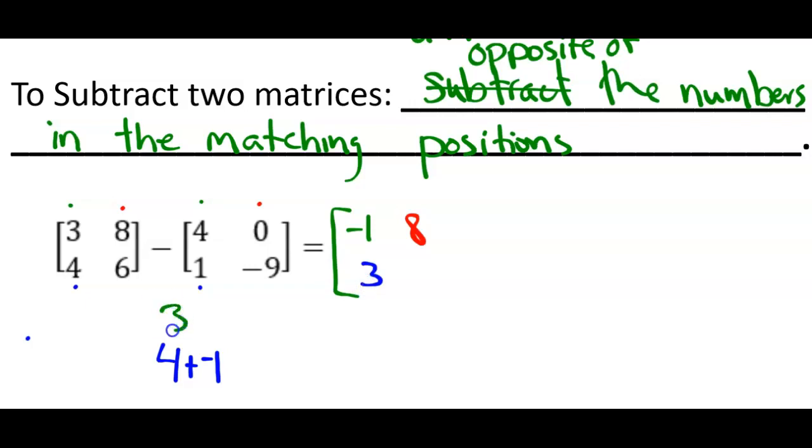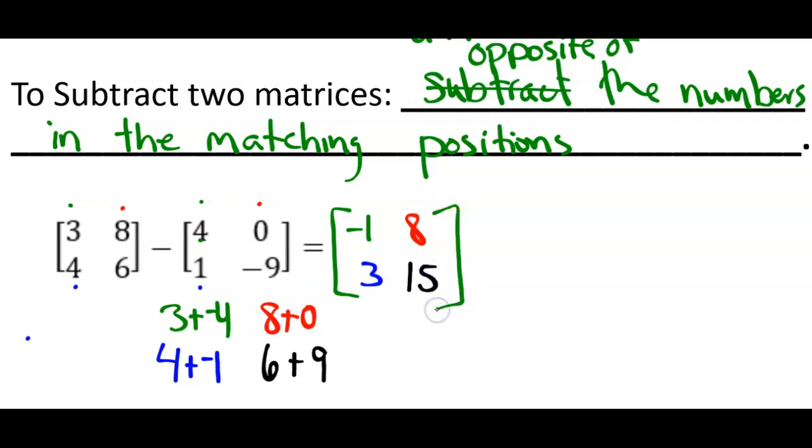If I go back and write 3 plus negative 4, because that's a negative 4. And then my 8 plus 0, because there is no positive or negative. And then I got my last one, which is 6 plus, this is going to turn to a positive 9. And 6 plus 9 is 15. And there we go. That is how we subtract.